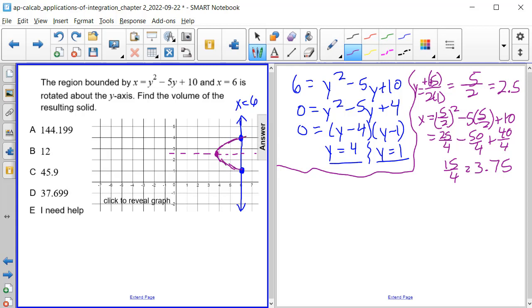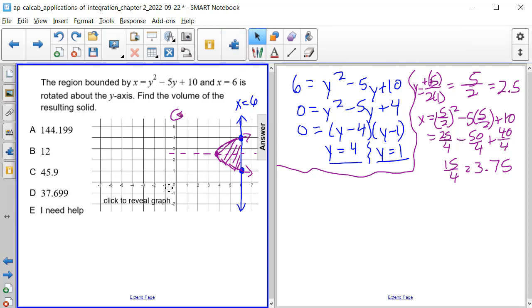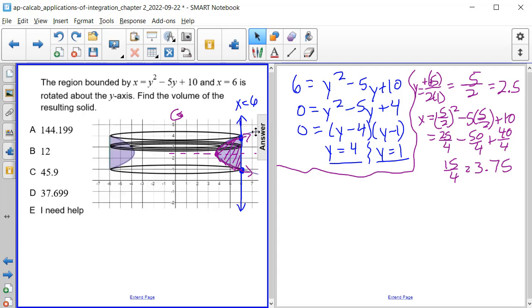So we've got this sideways parabola and this line, and here is the area that we are going to revolve about the y-axis. So the final solid that we're finding is going to look something like this. We have it on both sides there, and we're going to find the volume using our integration.